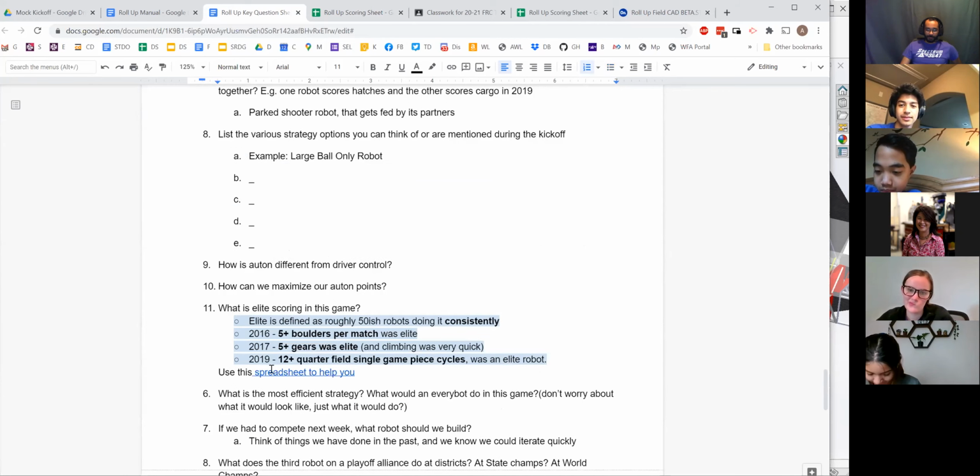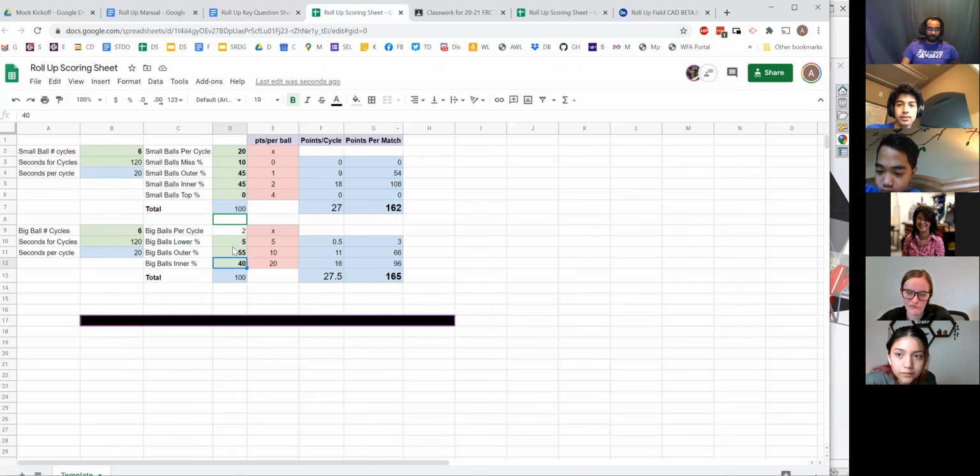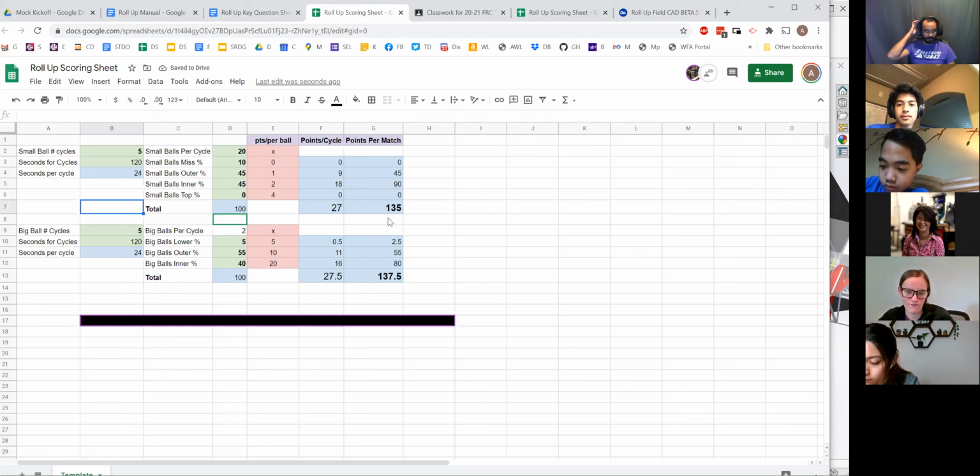Okay, so figuring out what an elite score will be is going to be tricky. Just looking at this, if you can knock this down to like 5 cycles and 5 cycles, you're already hitting close to 250 or so just in teleop.